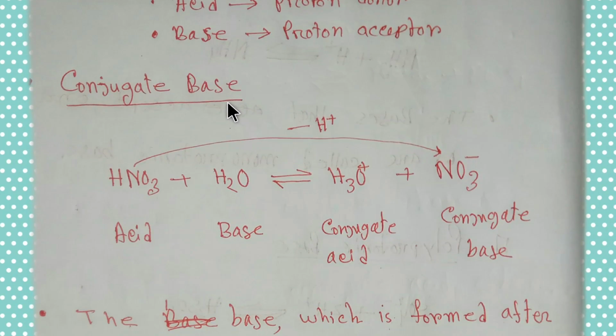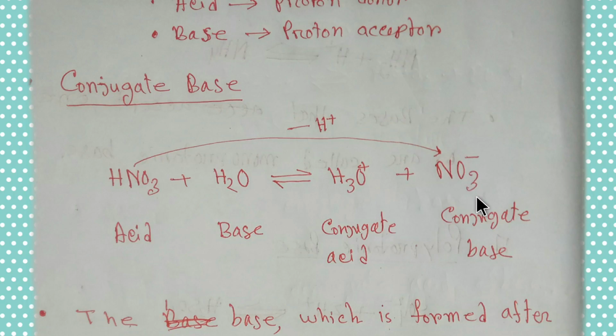What is a conjugate base? Here, this is nitric acid and this is water, right? Nitric acid is releasing a proton and we are creating a base, which is the conjugate base of that acid. The base which is formed after removal of a hydrogen from an acid is called the conjugate base.